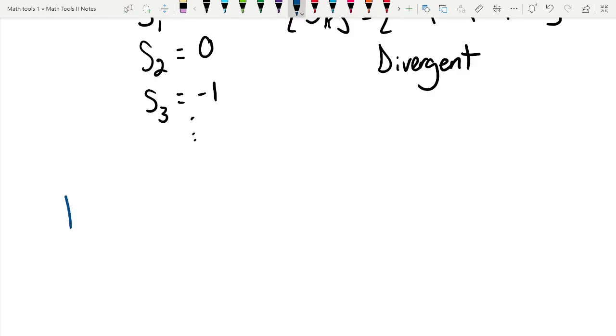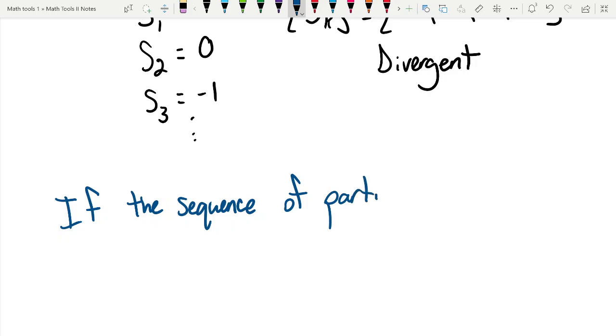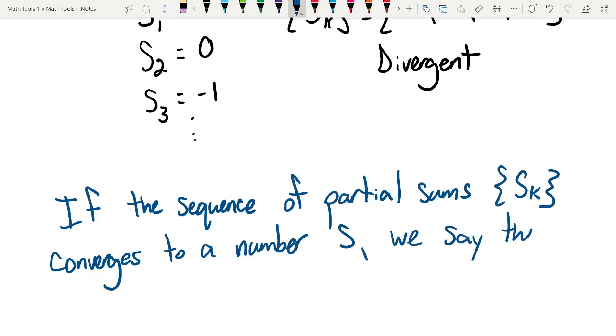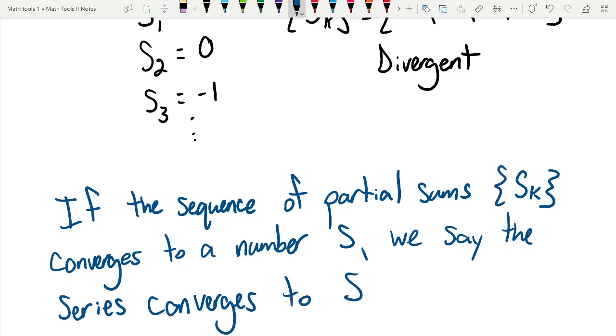So just to write it down formally here, if the sequence of partial sums, S sub k, converges to a number S, we say the series converges to S. Okay?